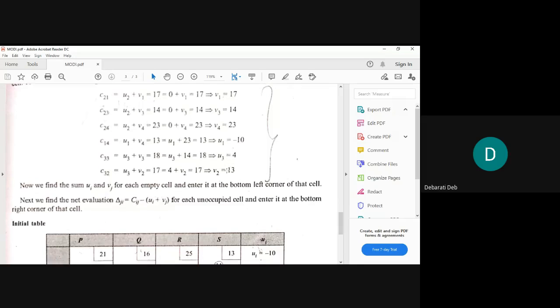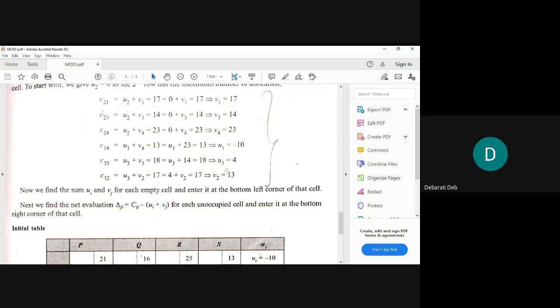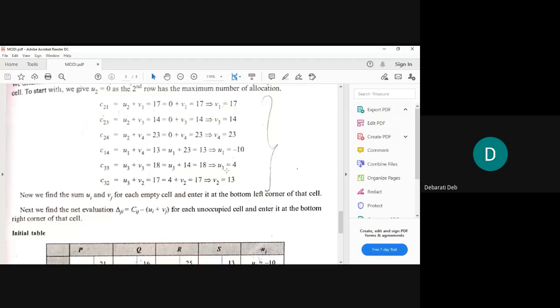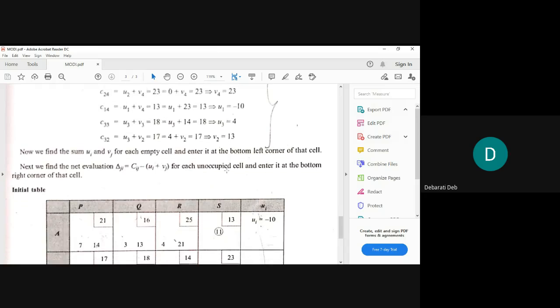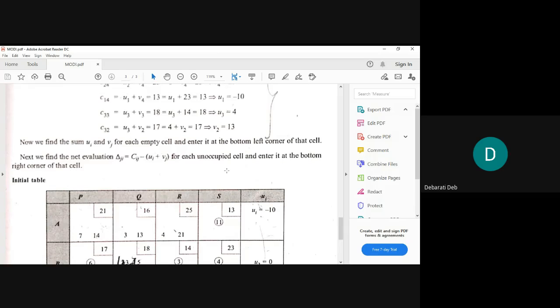All right. After calculating, now we know the values of U's and V's for the allocated, or occupied, cells. Now we find the sum of Ui and Vj for each empty cell and enter it at the bottom left corner of that cell.